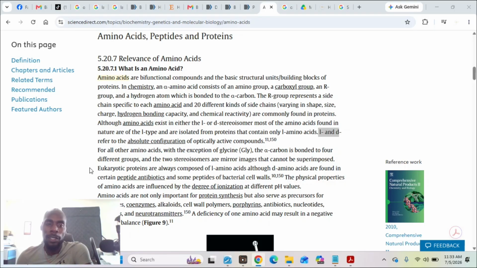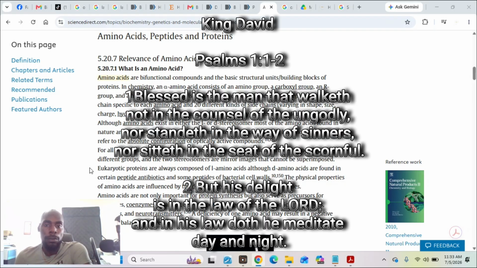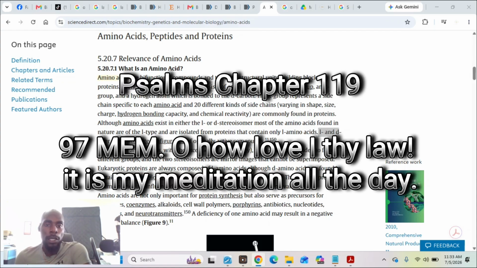I would say maybe about 16 hours of the day, and if you can fast, combine that with prayer, meditation, and breathing exercises. I like the Book of Psalms because David explains a lot of this.